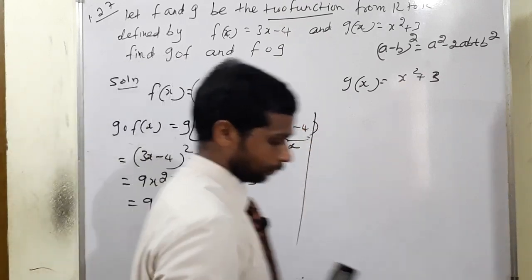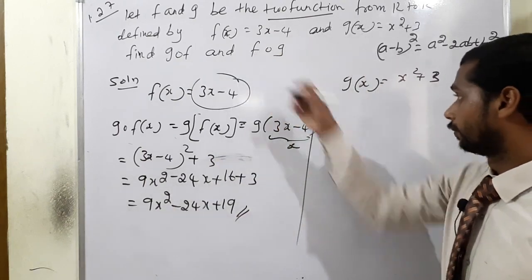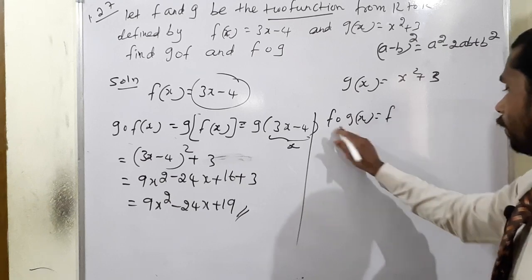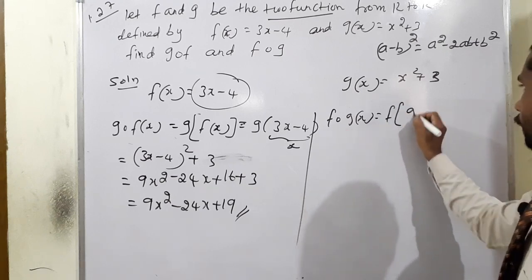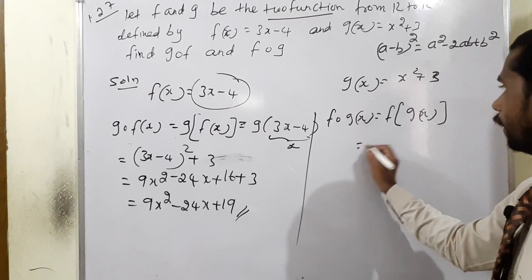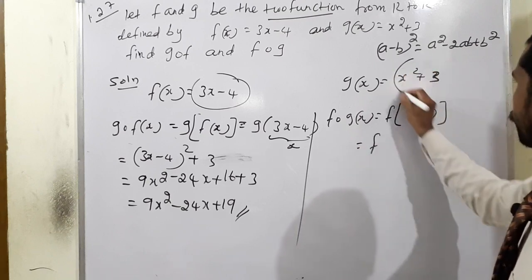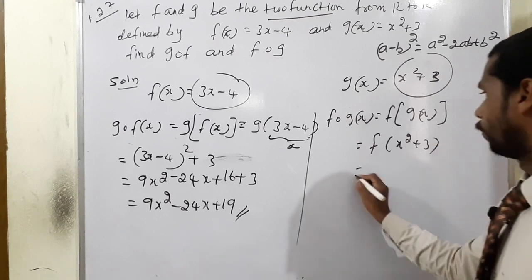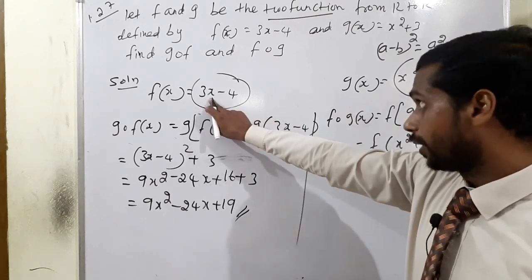Next condition, f composite g, that is f dot g of x. Again rearrange, the dot is converted into brackets: f of g of x, where g of x is equal to x square plus 3. Now in f, the condition is 3 into x.